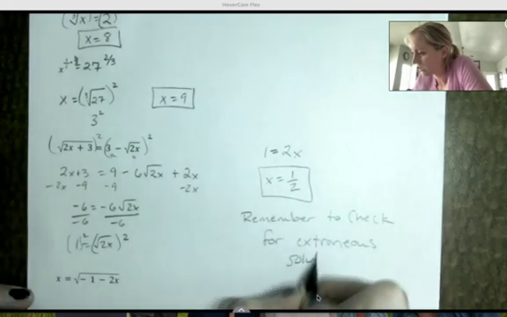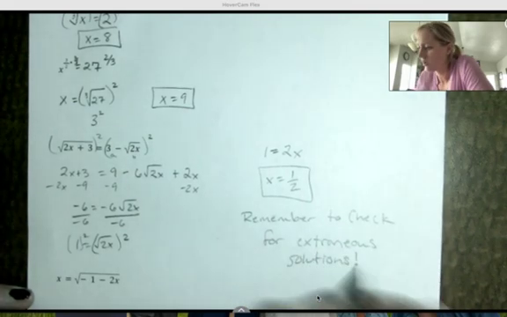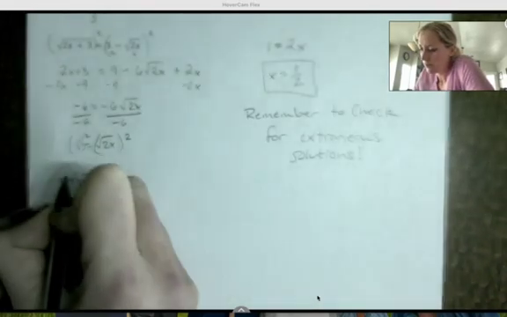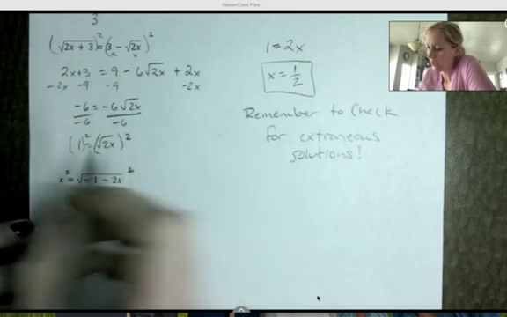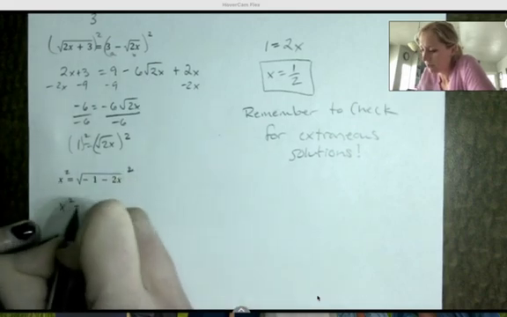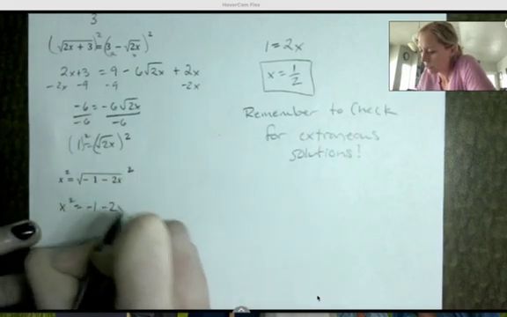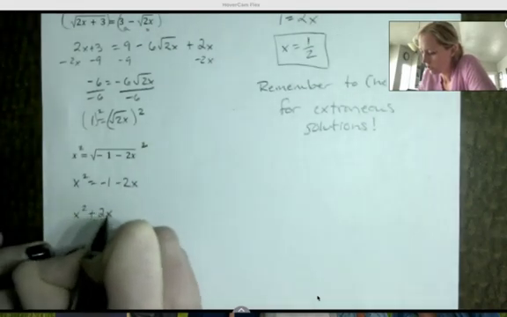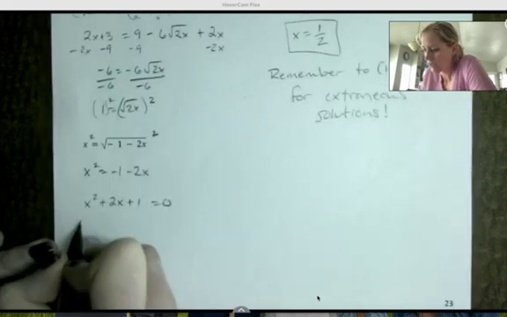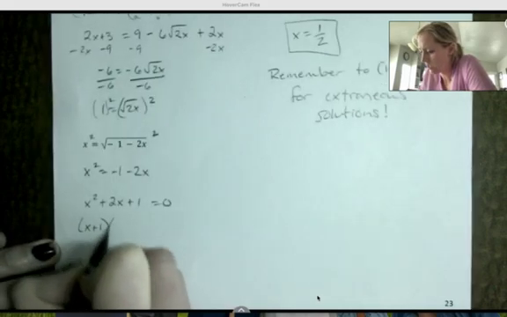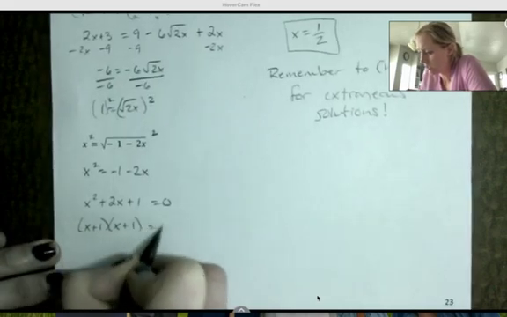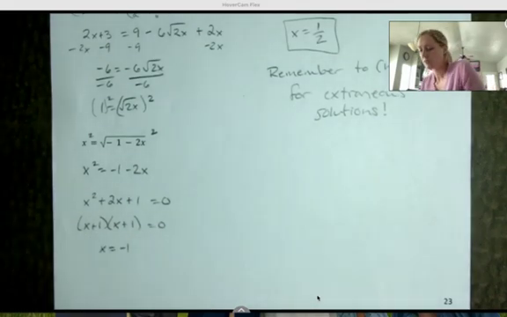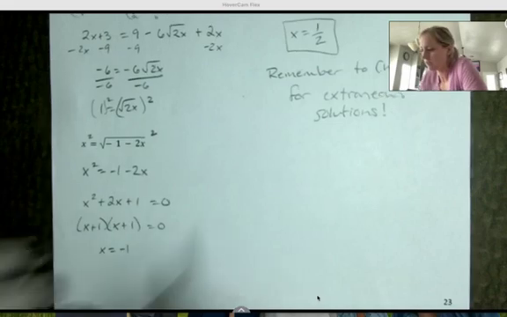Just gonna write that as a note. Okay. Here, if I square both sides, okay, I get x squared equals negative 1 minus 2x. Set it equal to 0. Factor. Okay, x equals negative 1. Now, I especially want to check here because it's negative.